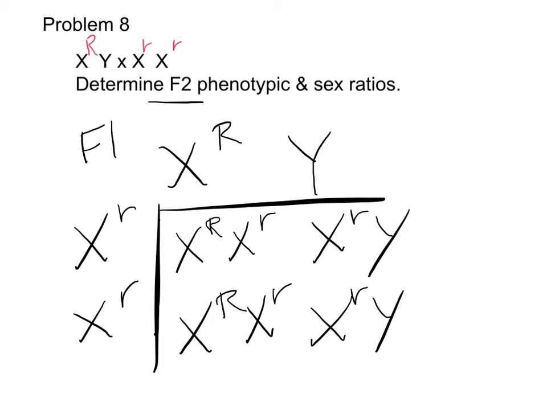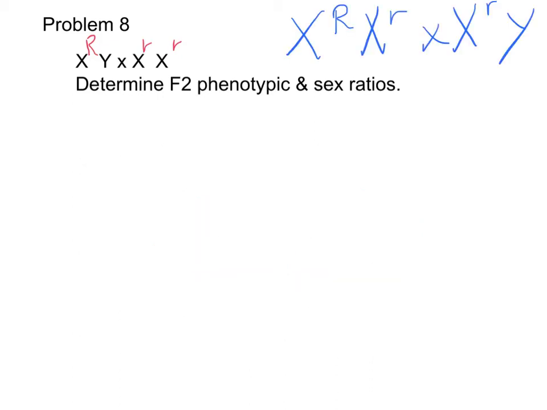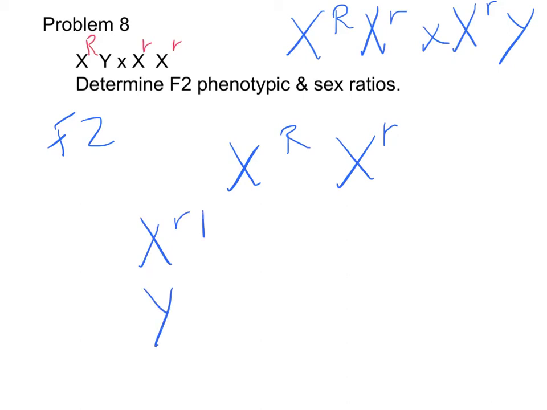So after we determine the F1, what we'll have to do is cross an F1 female, and you'll notice that both of the F1 females have the exact same genotype, so it doesn't matter, and the F1 male. And again, the F1 males have the same genotype, so we'll have one F1 female by one F1 male. So now in order to determine the F2 ratios, we again cross our F1 progeny that we determined before.